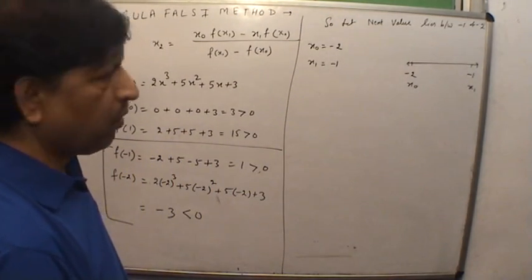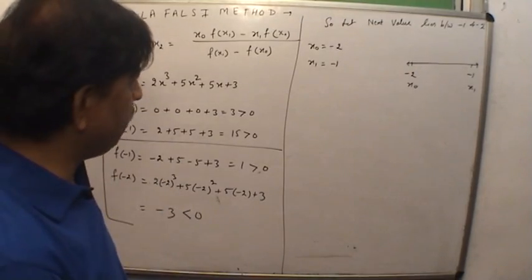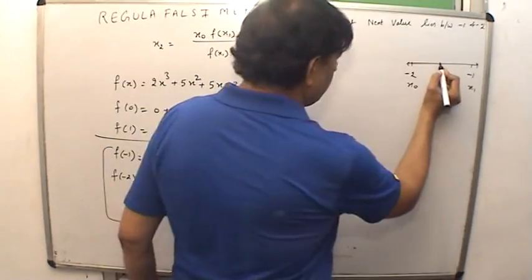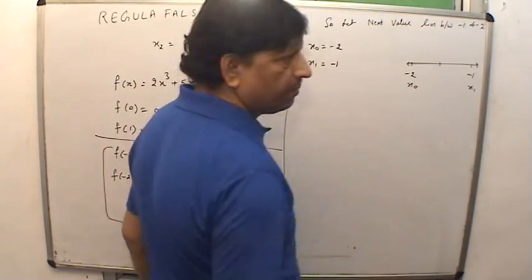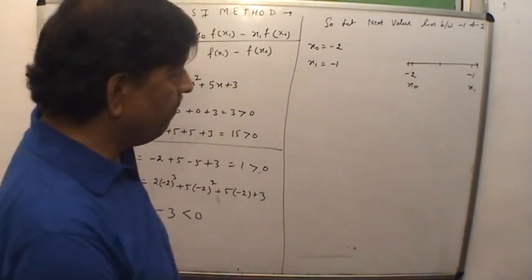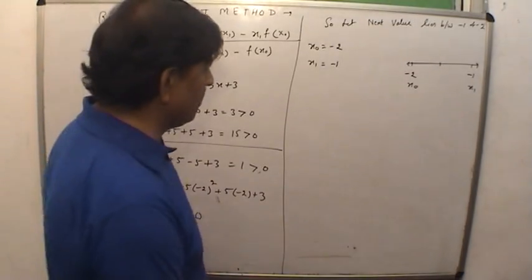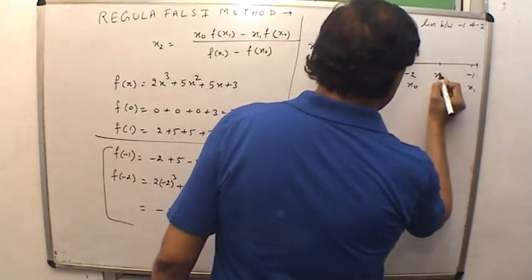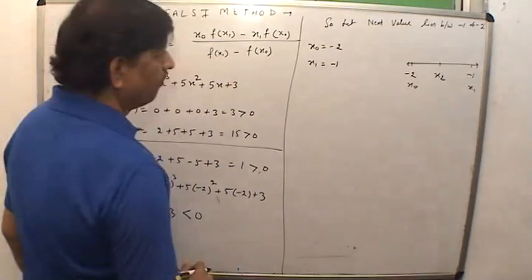Now we have to find the first root or the first value. It is somewhere here, it is not the middle point, it is not the bisecting point, it is somewhere between -2 and -1. Say it is x2.